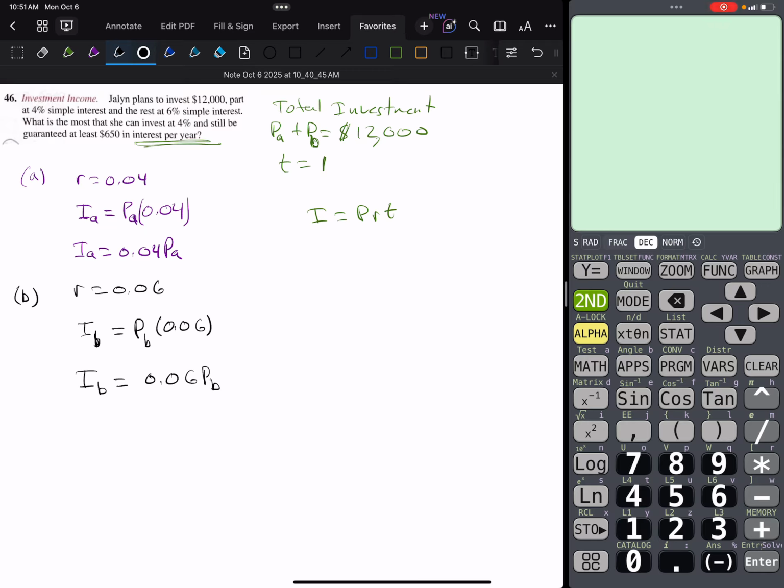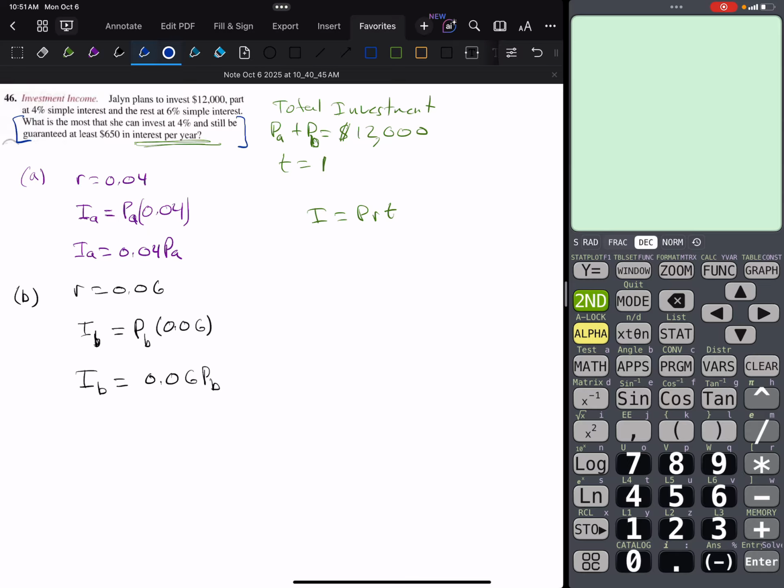Now, how am I going to put all of this together to find out what's the most that she can invest at 4% and still be guaranteed at least $650 of interest per year? Well, that sounds like this last bit is setting up an inequality.